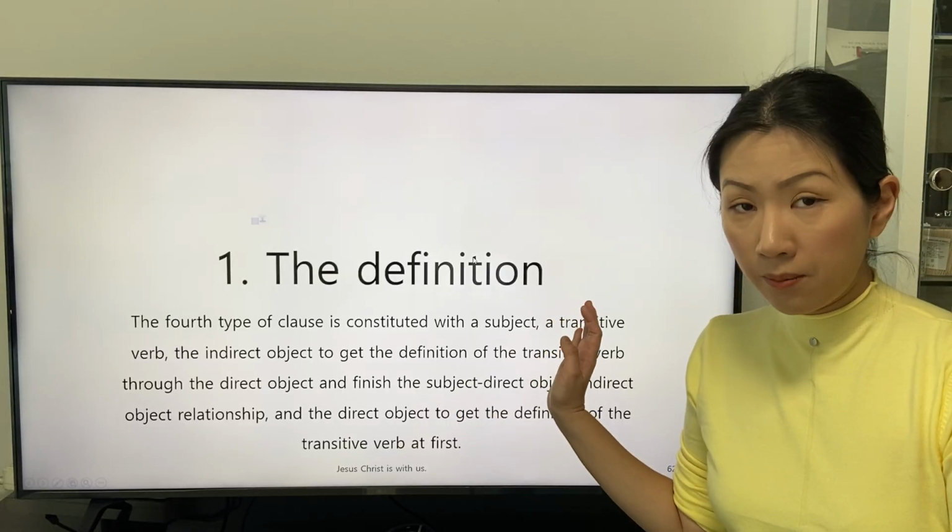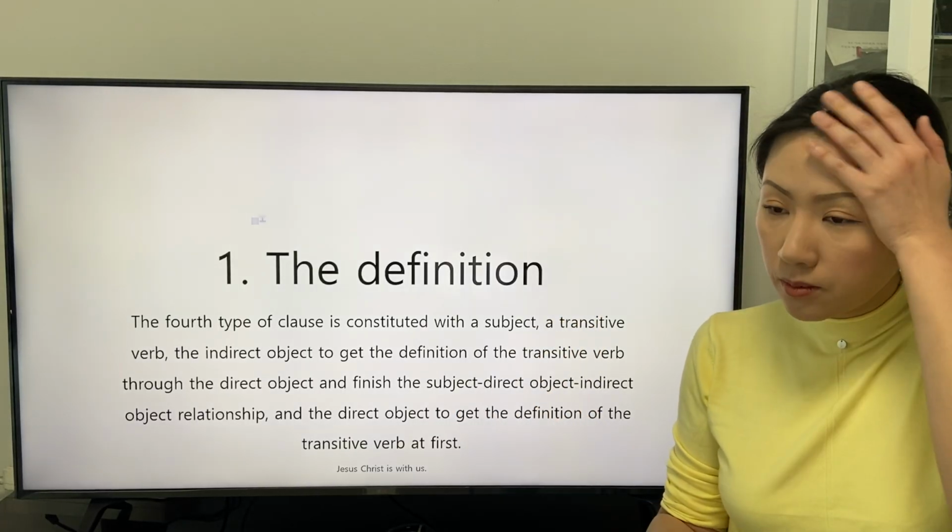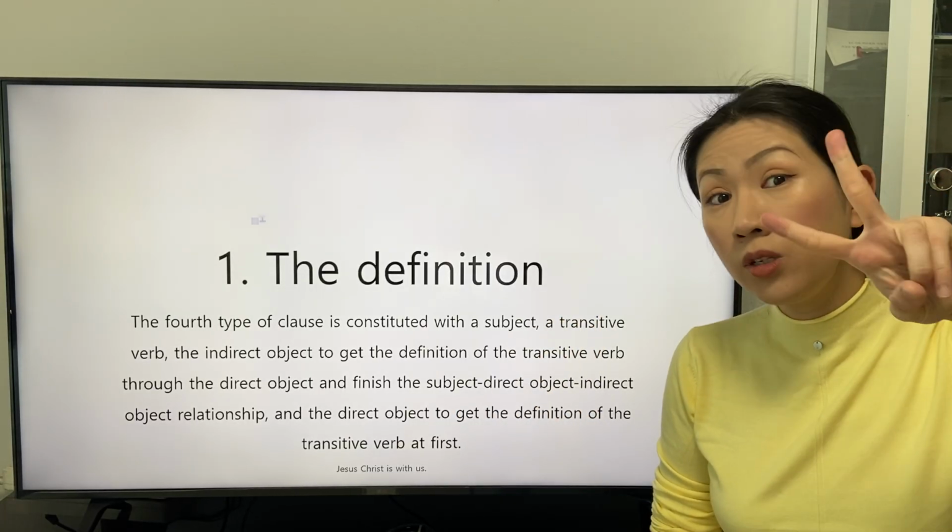In the first type of clause, there are two objects.